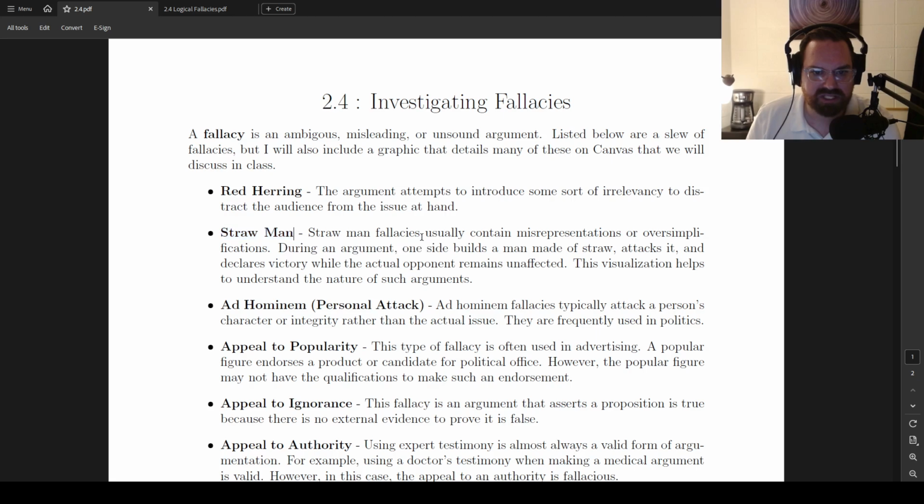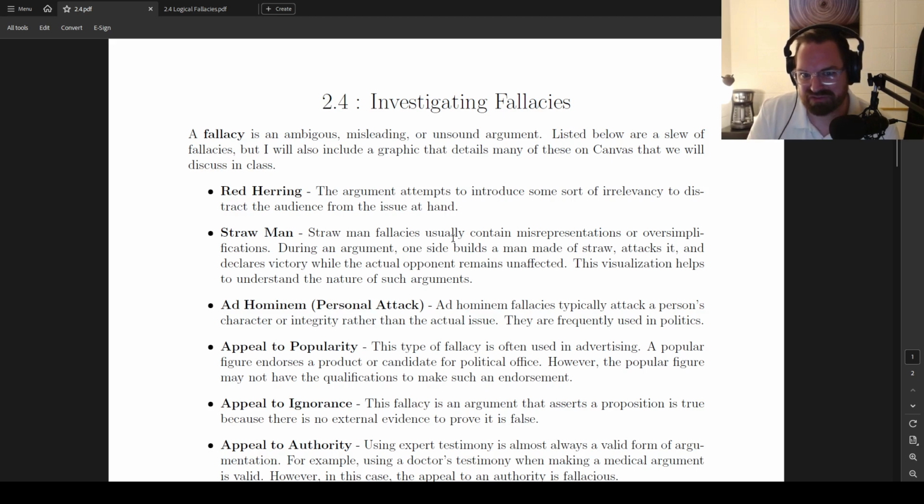A straw man argument is a misrepresentation or oversimplification. My kids do this all the time. If I ask them to do a chore, they say, "What? You don't love me?" Wait, that's not what I'm saying.